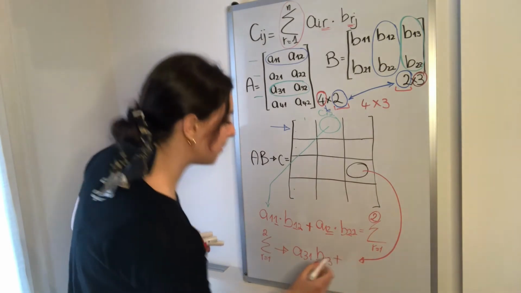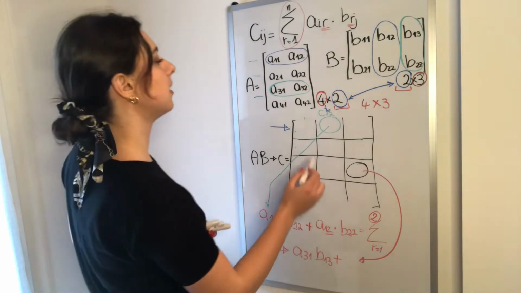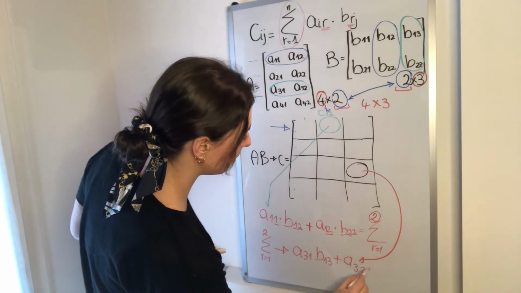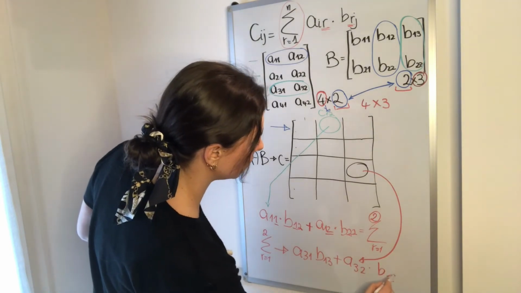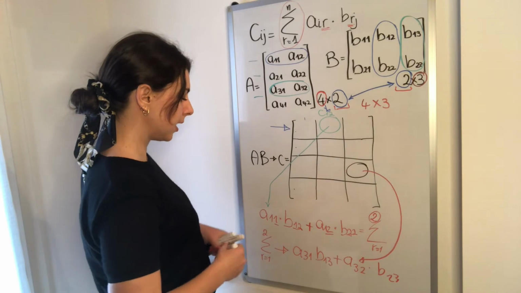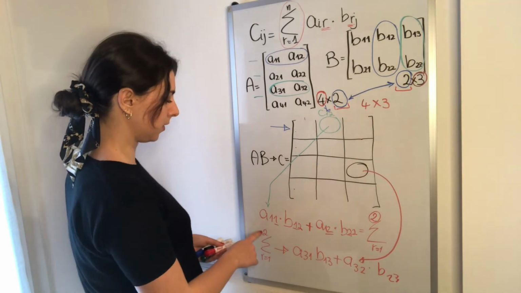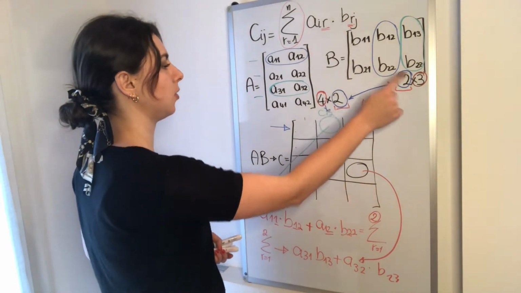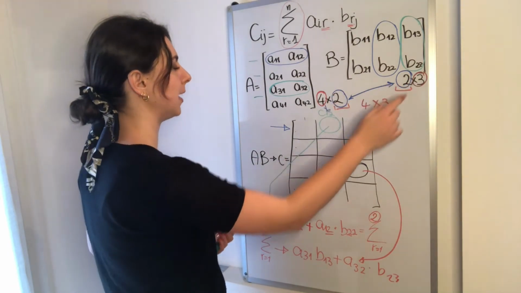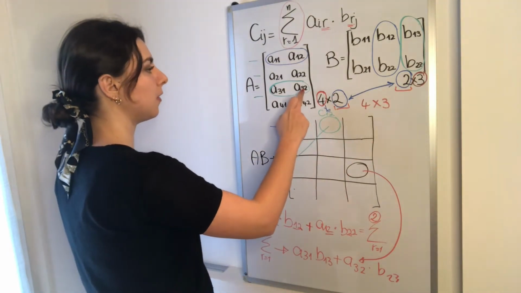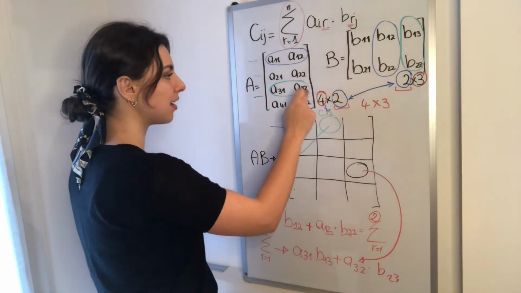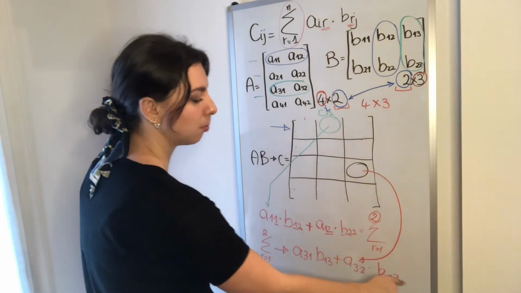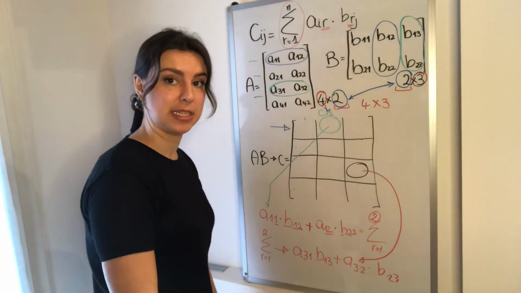Now we sum because it's still a sum, and A32 by B23. If it was 3 here and here, so 4 by 3 and 3 by 3, we would also have obviously another number here and another number here. You would have another plus and other elements.